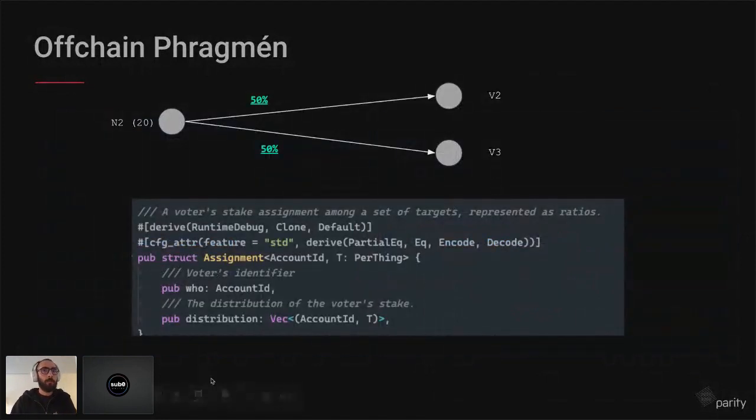Okay, this is the piece of code which was kind of distorted before. If you want to encode this distribution, we have this assignment struct, which has a who field, which is the identifier of the nominator, and a distribution, which is a vector of account IDs and a weight. So in this case, it would be V2 tupled with 50%, V3 tupled with 50% again.